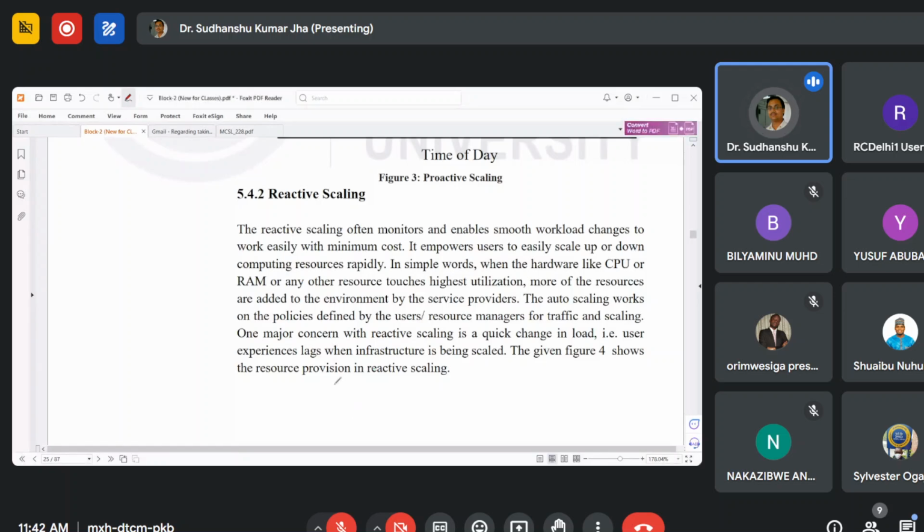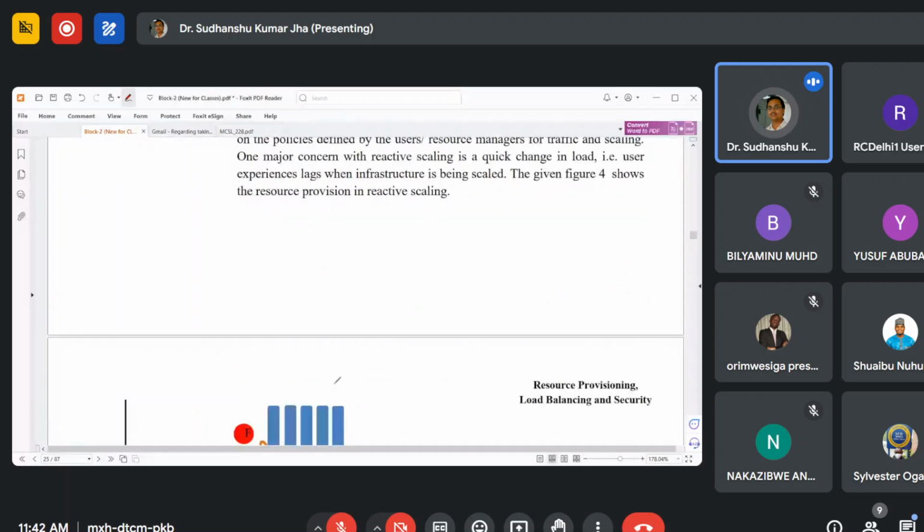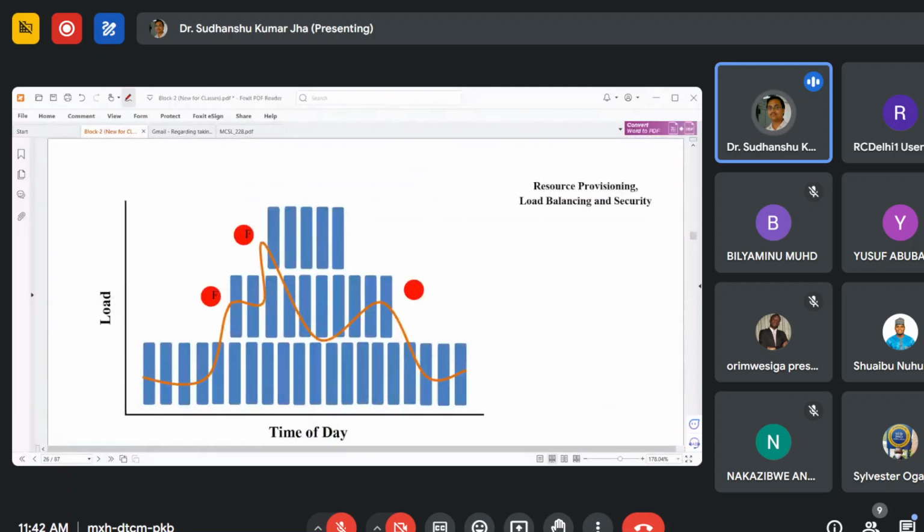Whereas in the case of reactive scaling, you need to first analyze how much workload there is, and accordingly how much scaling is required, and accordingly you are calculating and scaling up or scaling down as per the workload.